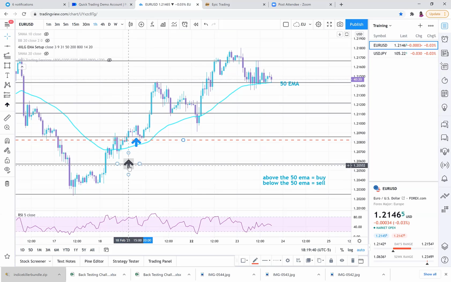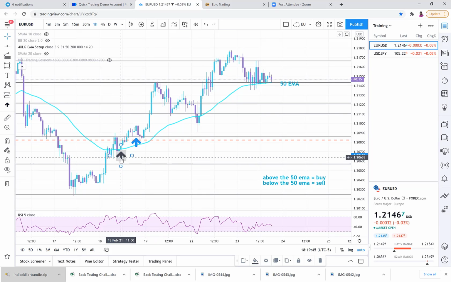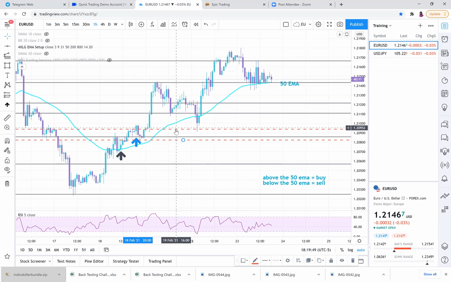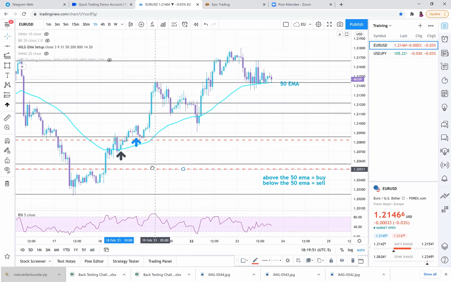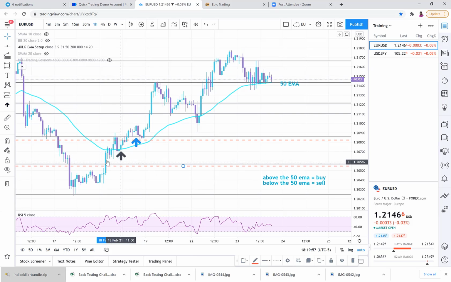So just know that if you entered the trade here off the blue EMA, let's duplicate this stop loss. The best stop loss is probably on the other side of the zone. And so you can tell we have a much bigger stop loss for this trade with the black arrow than we do if we trade here closer to the zone.